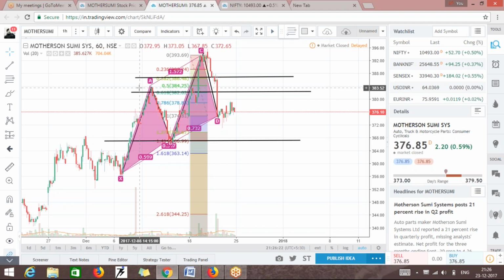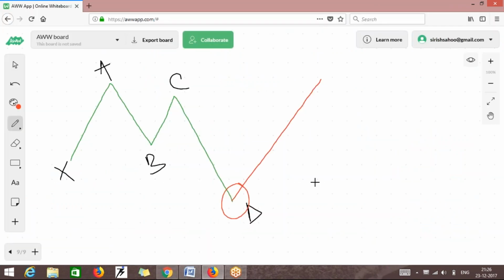But as we are moving into harmonic patterns, we are taking the Fibonacci retracements as targets. So this is where the picture is. Suppose this could be a trend line drawn from here, and we have drawn the triangle, we have drawn the ABCD pattern.